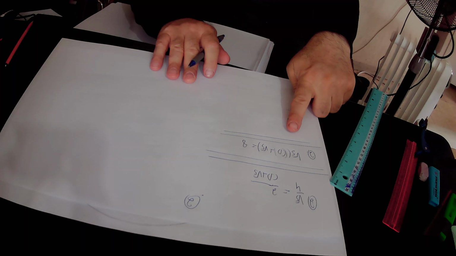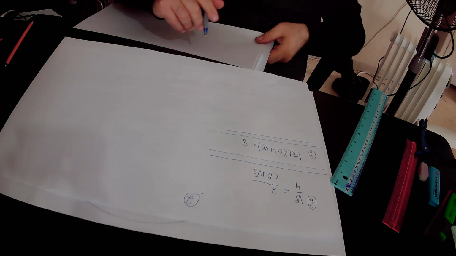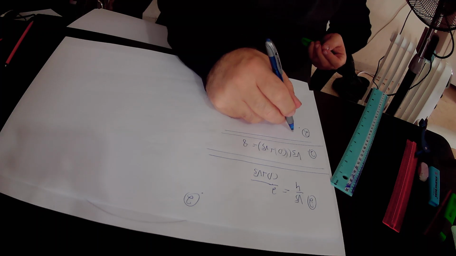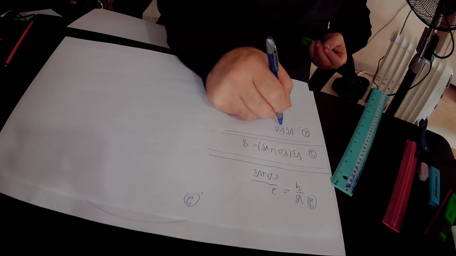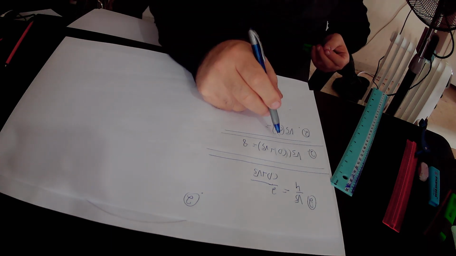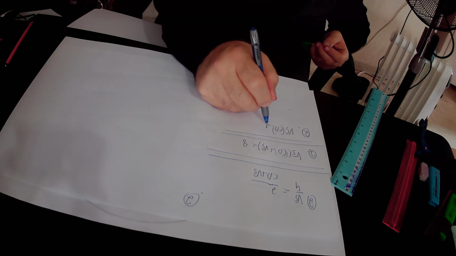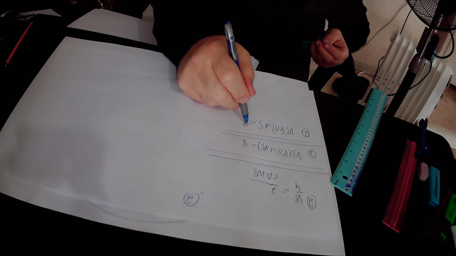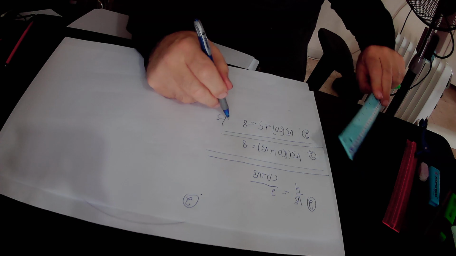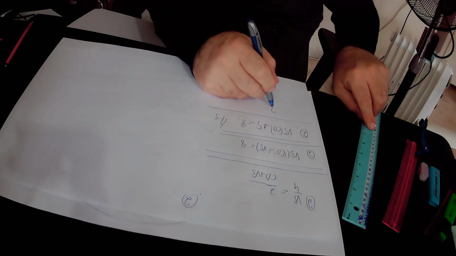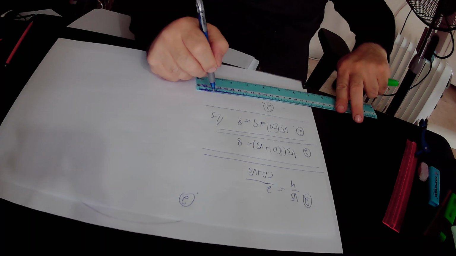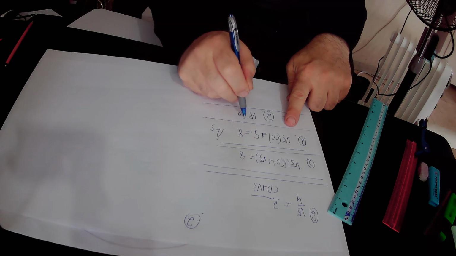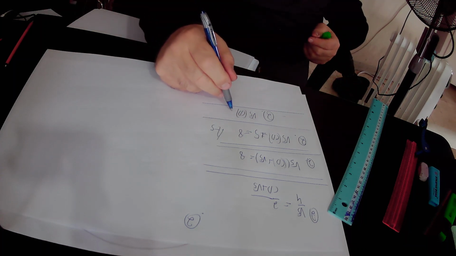Here we open the brackets on this side of equation 2, and we get square root of 5 times CD plus square root of 5 times square root of 5. Square root of 5 times square root of 5 is 5, so it is square root of 5 times CD plus 5 equals 8. Here we subtract 5 and get square root of 5 times CD equals 8 minus 5, which is 3.